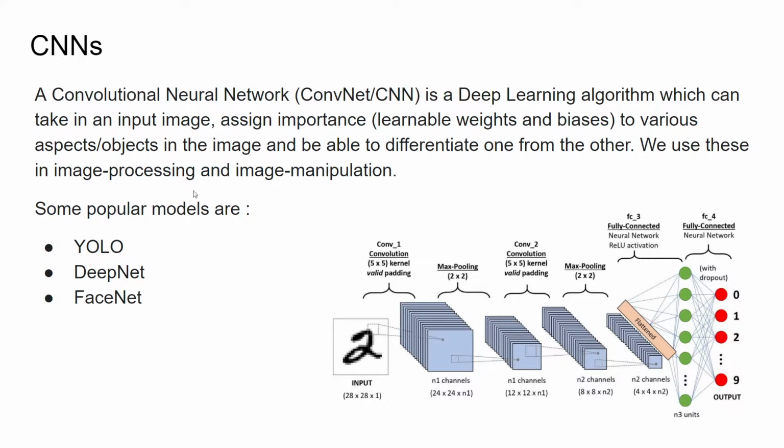For CNNs, we have some very popular models which you might have heard about. We have YOLO, we have DeepNet, we have AlexNet, we have FaceNet, we have MTCNN, we have a whole lot of models. We have ResNet also.